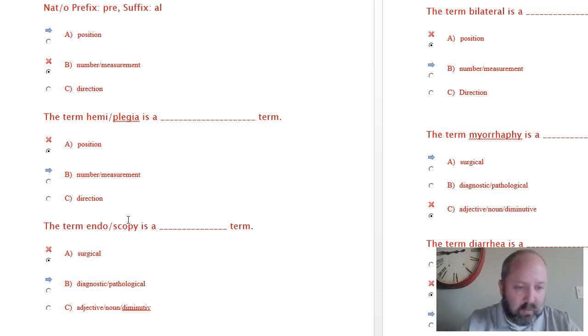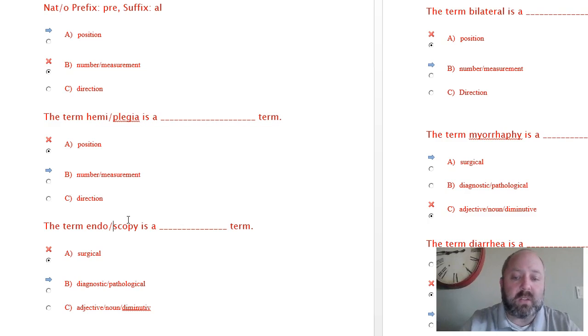These are diagnostic pathological terms. A scope is used to help aid in the diagnosis of a condition. If you have constant acid reflux, you'll commonly get an endoscopy so they can see if there's a change in the epithelium, which could result in Barrett's esophagus, or if there's something else going on down there, if there's strictures, if there's other things. So these are aiding in the diagnostic.